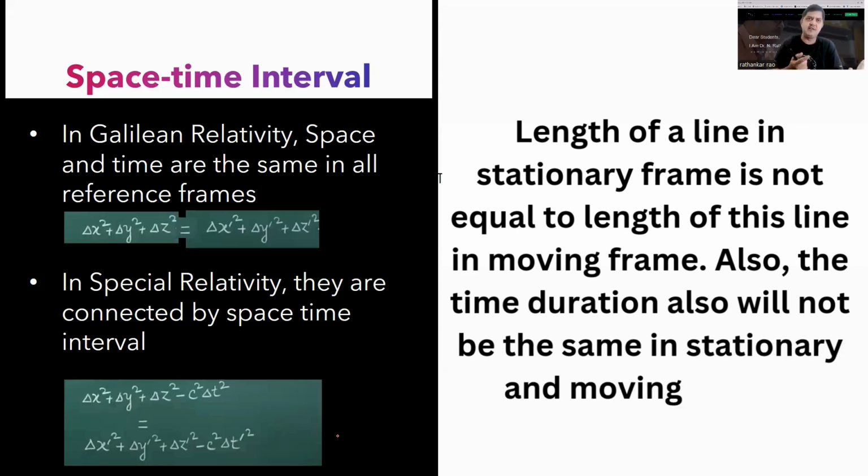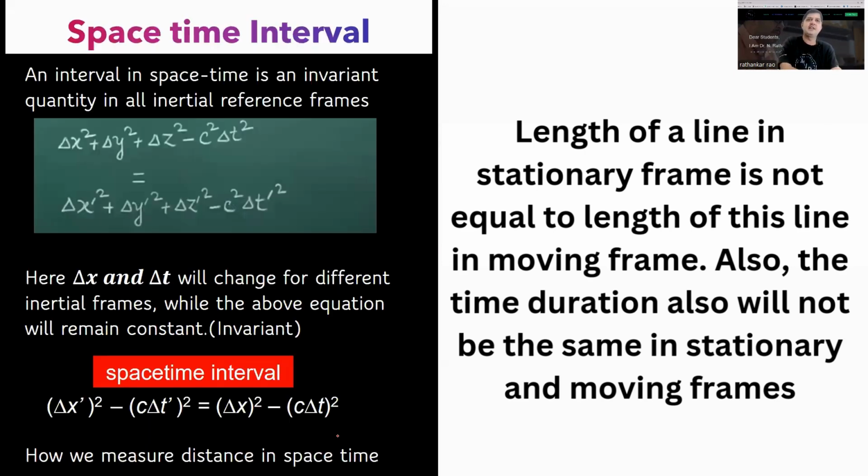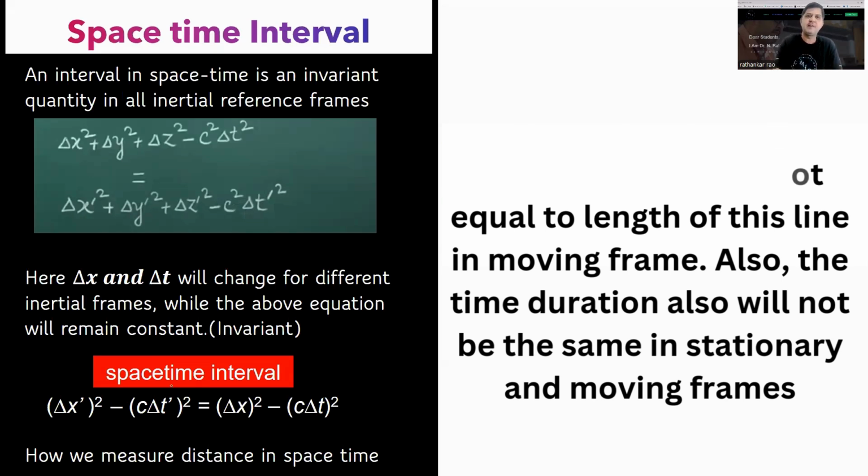In special relativity, though the lengths cannot be the same, if you consider this minus c square delta t square on both sides, then delta x square plus delta y square plus delta z square minus c square delta t square will have the same value in both the moving frame and the reference frame. So that's what it tells you. This is what we call the space-time interval.